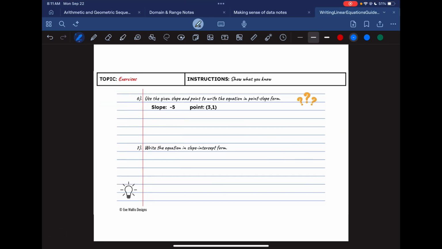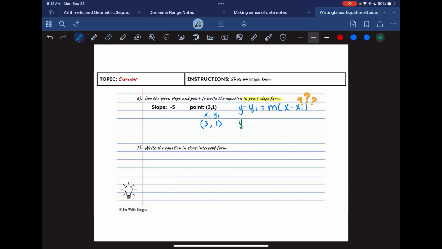Number 6 says, use the given slope and point to write the equation in point-slope form. Point-slope form is y minus y1 equals m times x minus x1, where x1 and y1 are the values of my point. So in this case, x1 is 3 and y1 is 1. So I'm going to write it out.